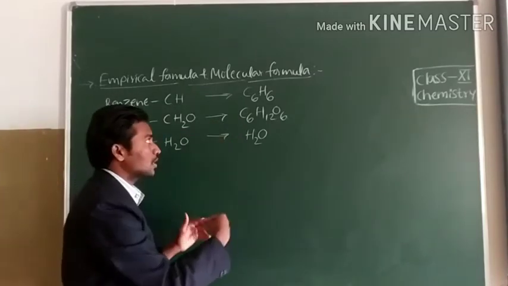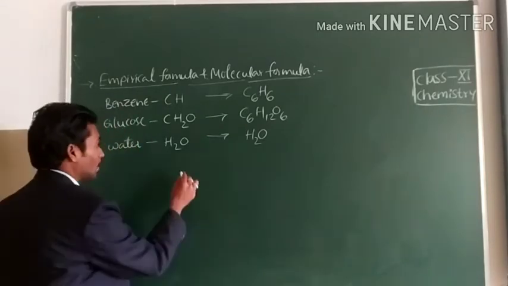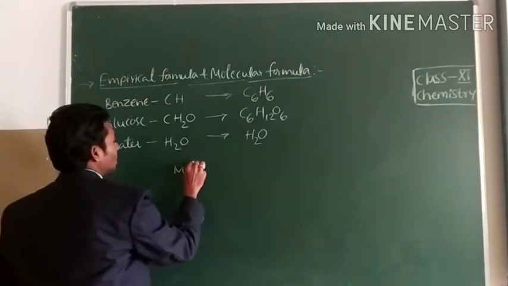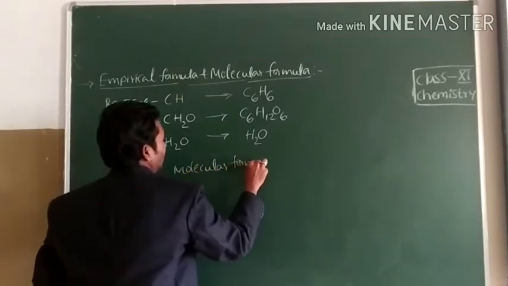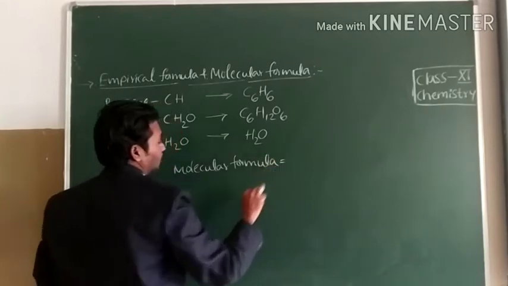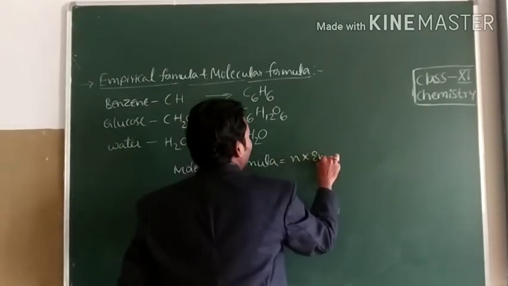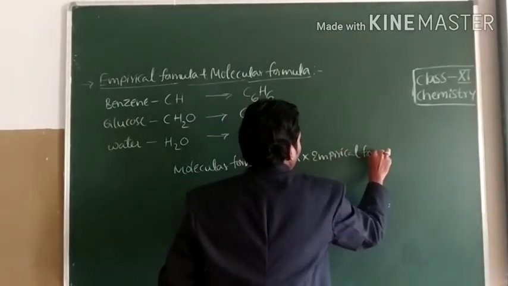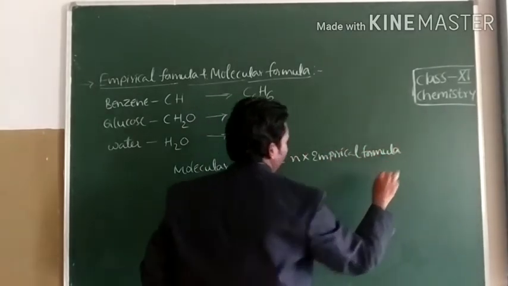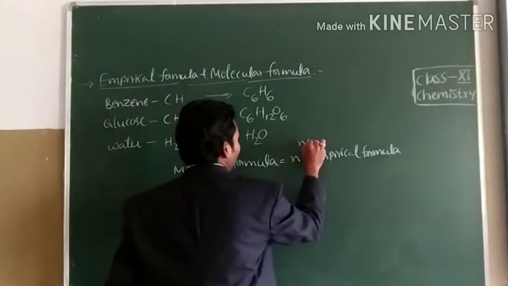Now let us talk about the relation between empirical formula and molecular formula. Molecular formula is equal to n into empirical formula. Here n is a positive integer: n is equal to 1, 2, 3 and so on.